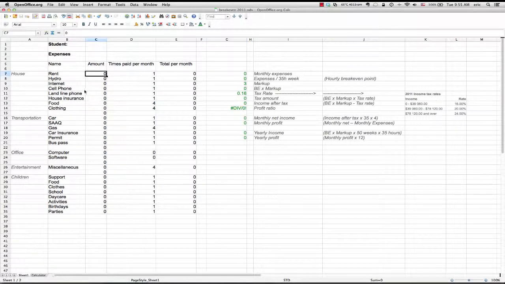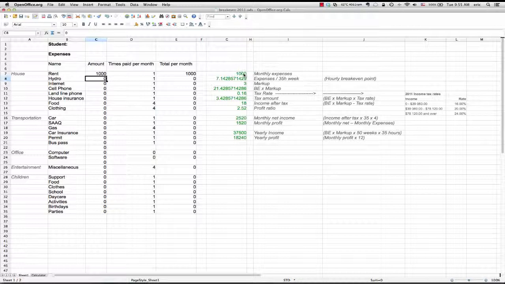So for example, let's use some round numbers. Let's say you have $1,000 worth of rent a month. Now, $1,000 paid once, total per month, $1,000 worth of monthly expenses. Now, the spreadsheet here is built upon the idea of a 35-hour work week. So you're not a student anymore, you're working full-time.